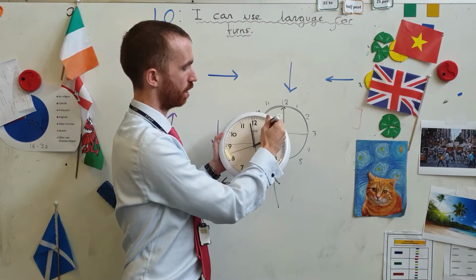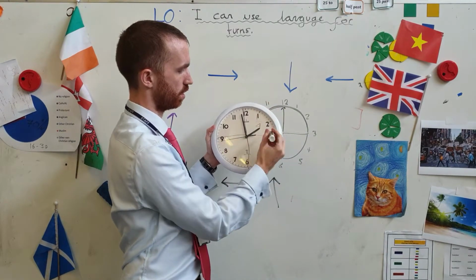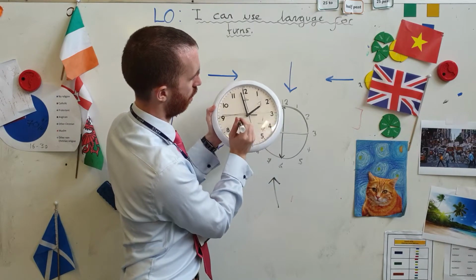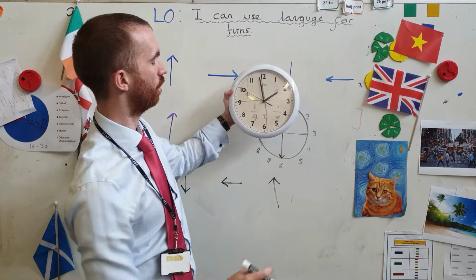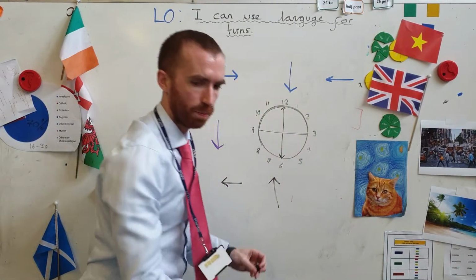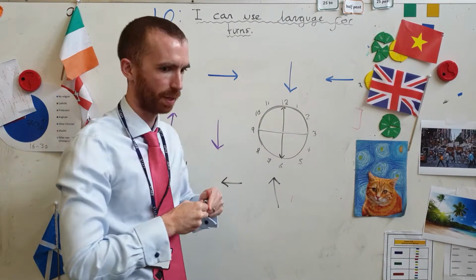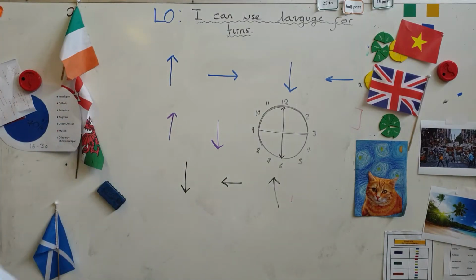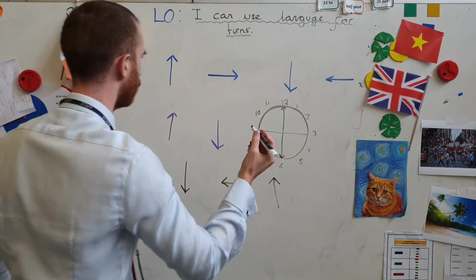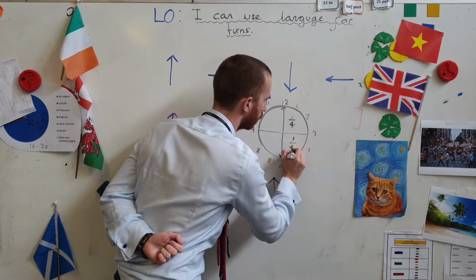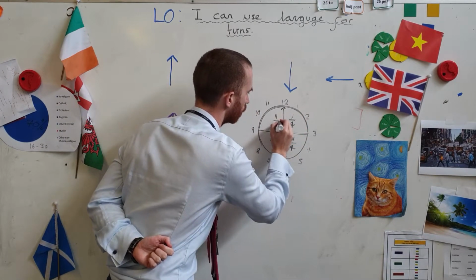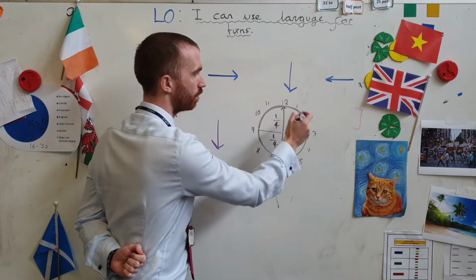So look, each of these is, actually it's not drawing very well on my clock, but imagine that each of those is a quarter. Draw it on the board so it looks a little bit better. Suddenly lost all my pens, but no worries, this one will do. So that's a quarter, that's a quarter, that's a quarter, that's a quarter. 2 quarters make a half.